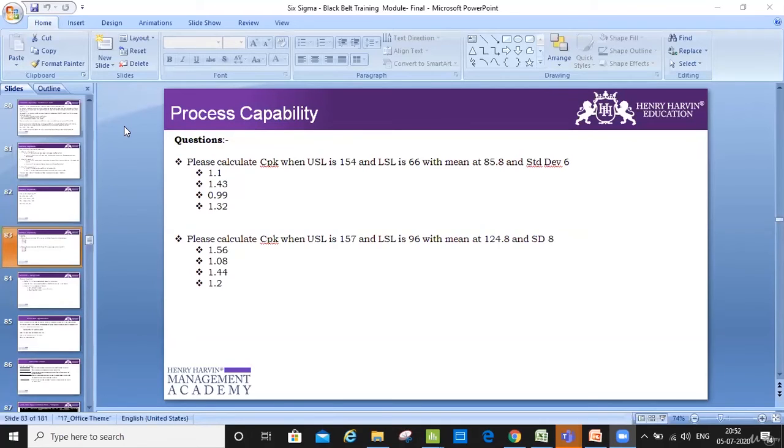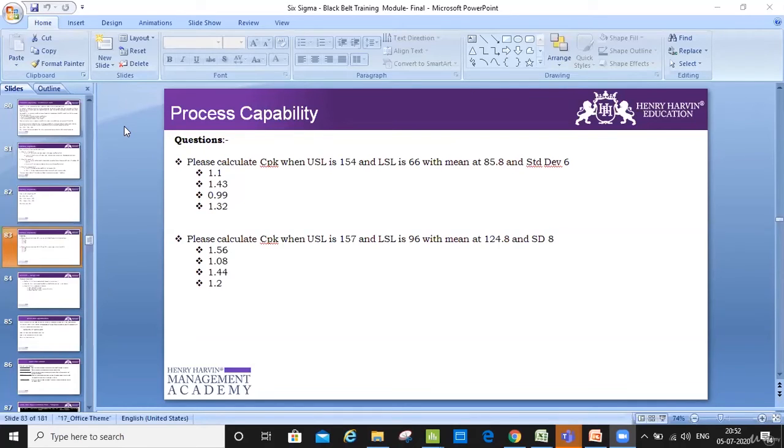If it is less than 1, or negative, then there are a lot of irregularities and defects in the process, which you can calculate using your standard deviation also, which you already knew. But it's just a cross validation to check how my process is currently performing.